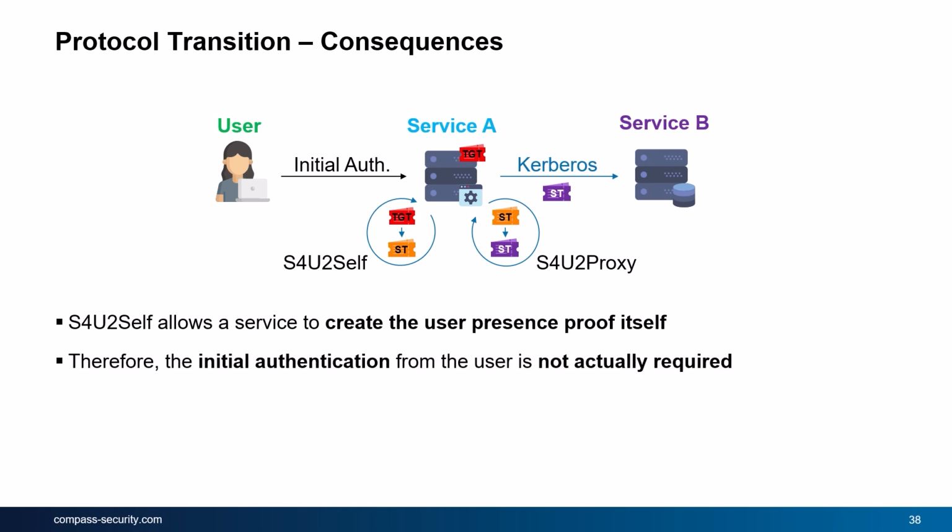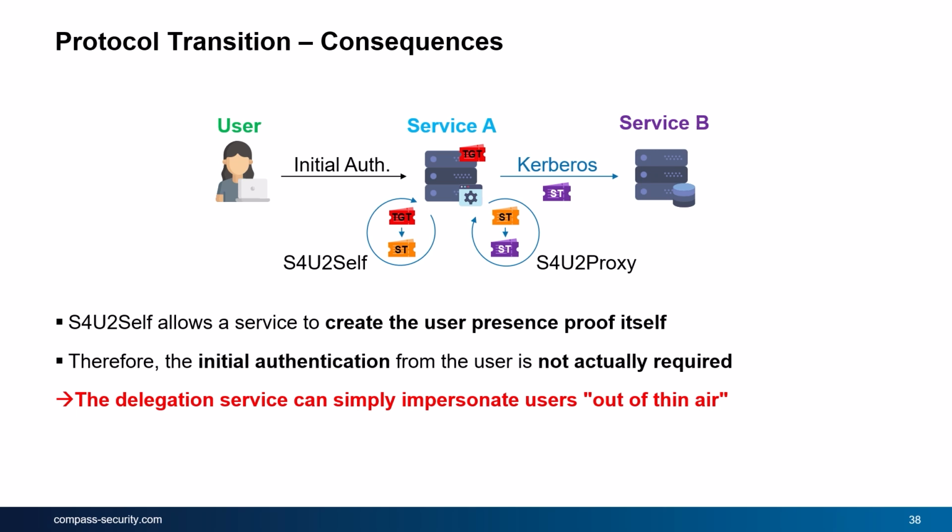It's just intended that way, but there's no technical enforcement of a user connection or user authentication happening before S4U2Self can be invoked. This means that the delegation service, so the service A that is configured for constrained delegation with protocol transition, can simply decide to impersonate any user it wants out of thin air.